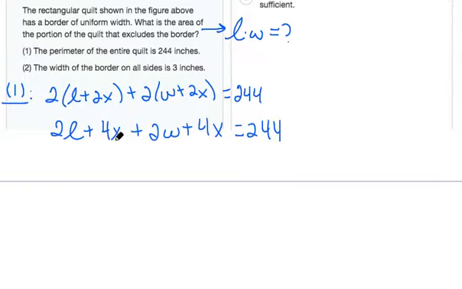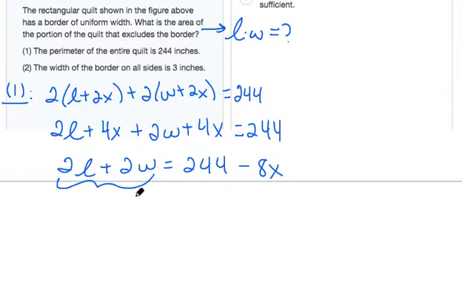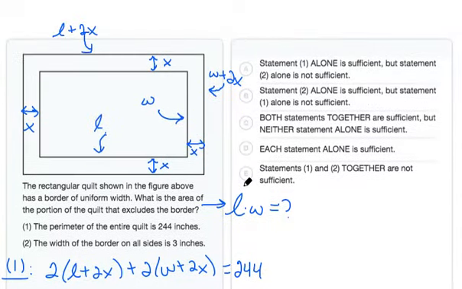Rearranging a bit, combining like terms and moving our X terms to the other side, we end up with 2L plus 2W equals 244 minus 8X. This actually represents the perimeter of the interior of the quilt. If we slide back up, 2L plus 2W represents the perimeter of the quilt without the border.